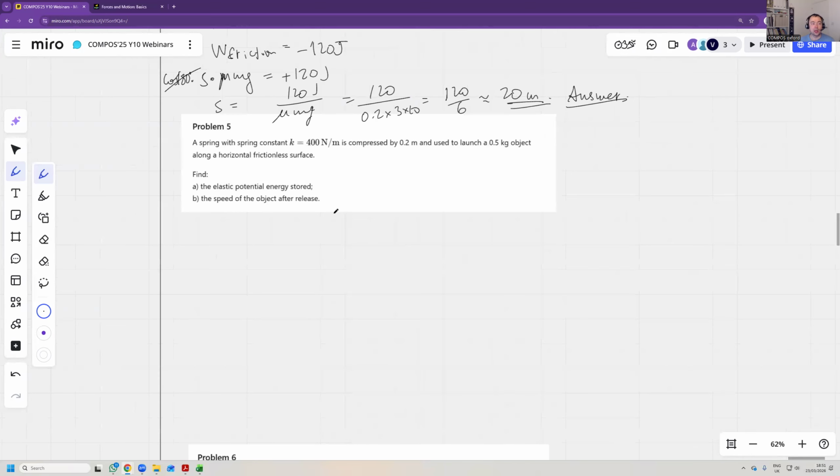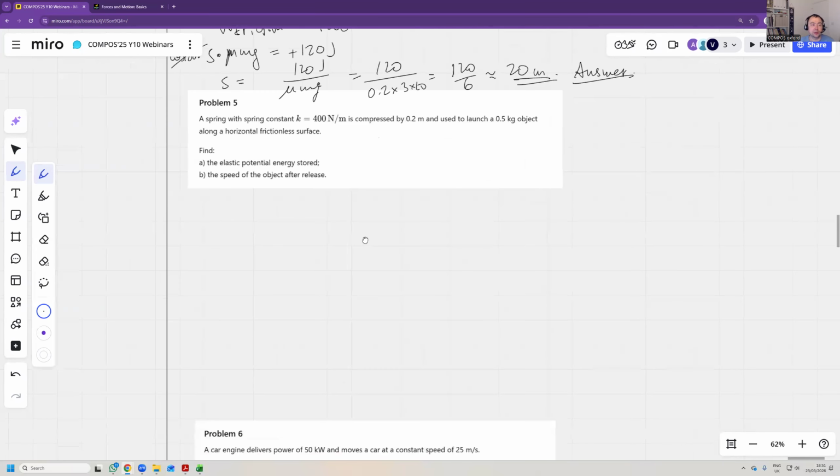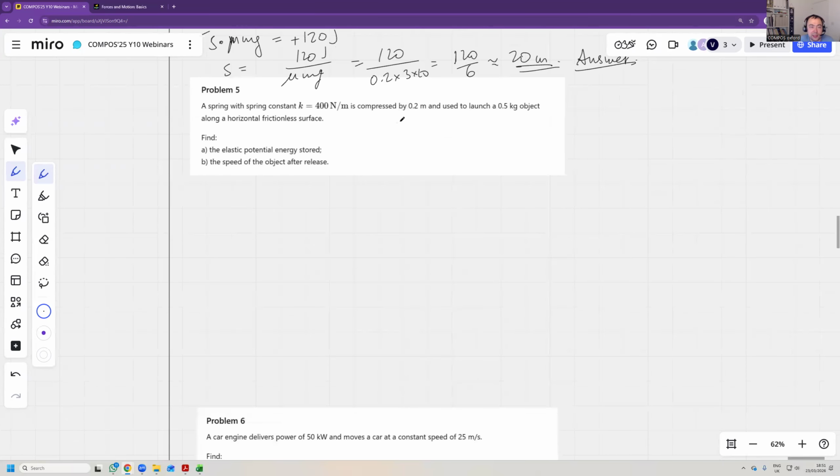Right. Problem 5. A spring with spring constant 400 newtons per meter is compressed by 0.2 meters and used to launch a 0.5 kilogram mass along a horizontal frictionless surface. So you have a spring, and this is an object. The spring is compressed.